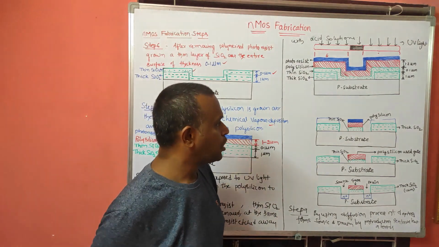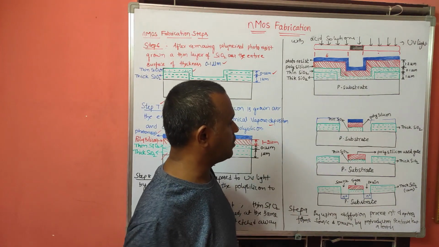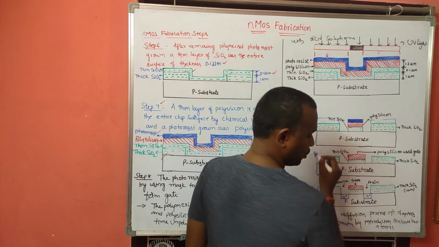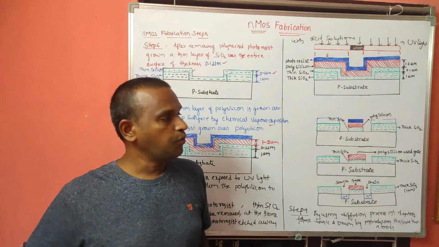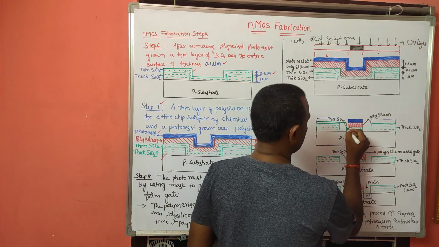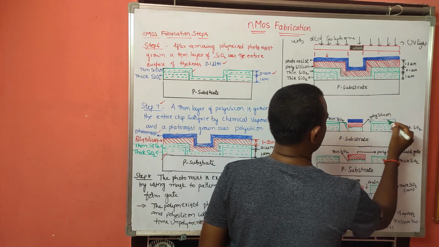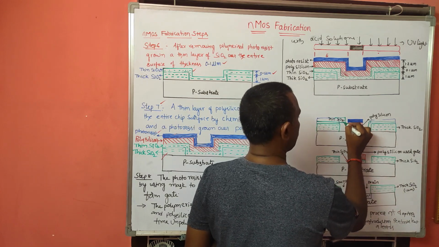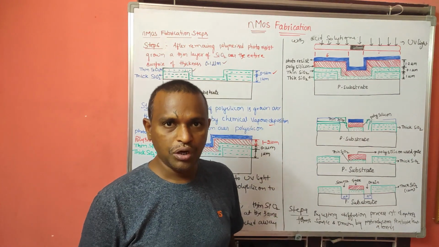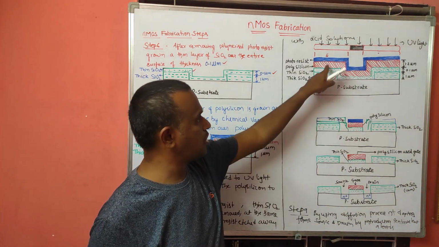So we will remove the polymerized photoresist, and at the same time here we have thin SiO2, and here also we have thin SiO2. So this polymerized material and thin SiO2 will be removed. At the same time under that polysilicon is also there.